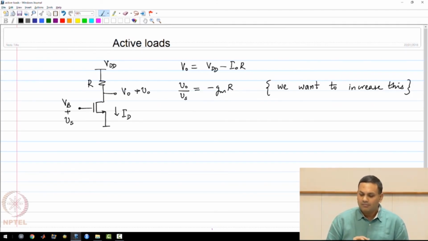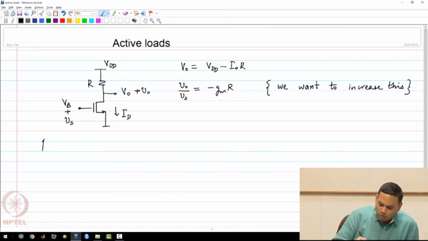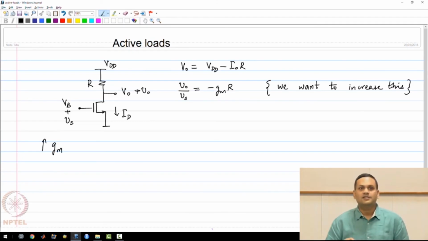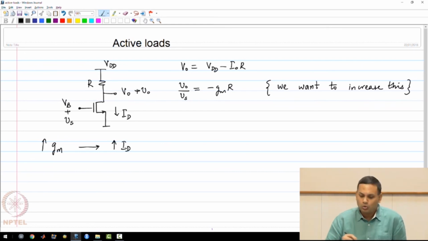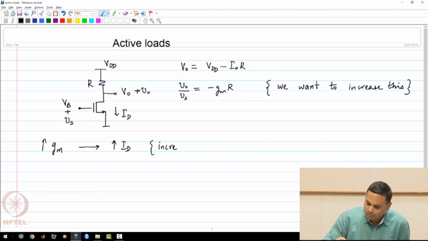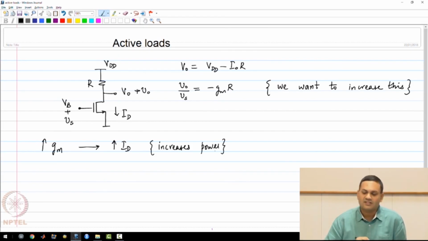Now there are of course only two parameters that you can touch. So you can increase the transconductance. This can be done in two ways. I can increase ID, which I do not want to do, because this increases the DC power consumption.